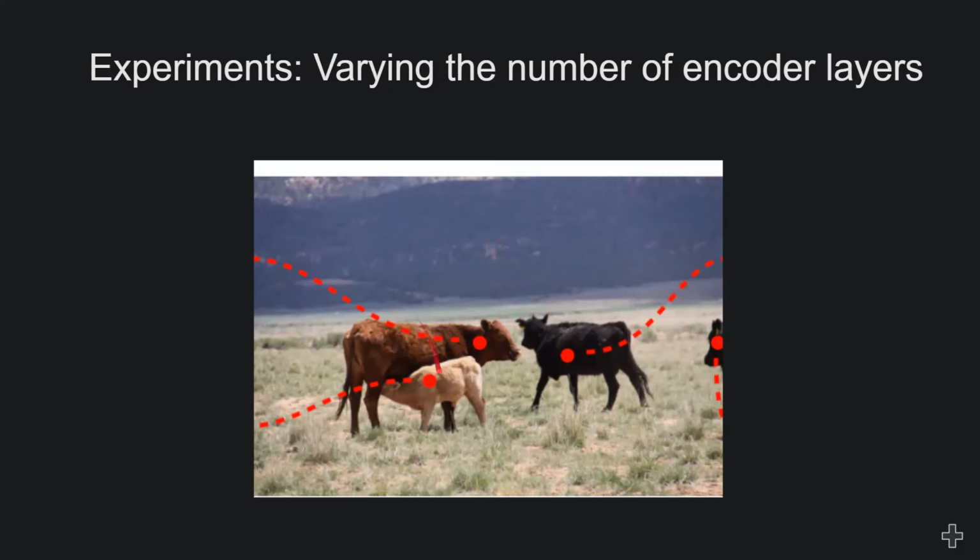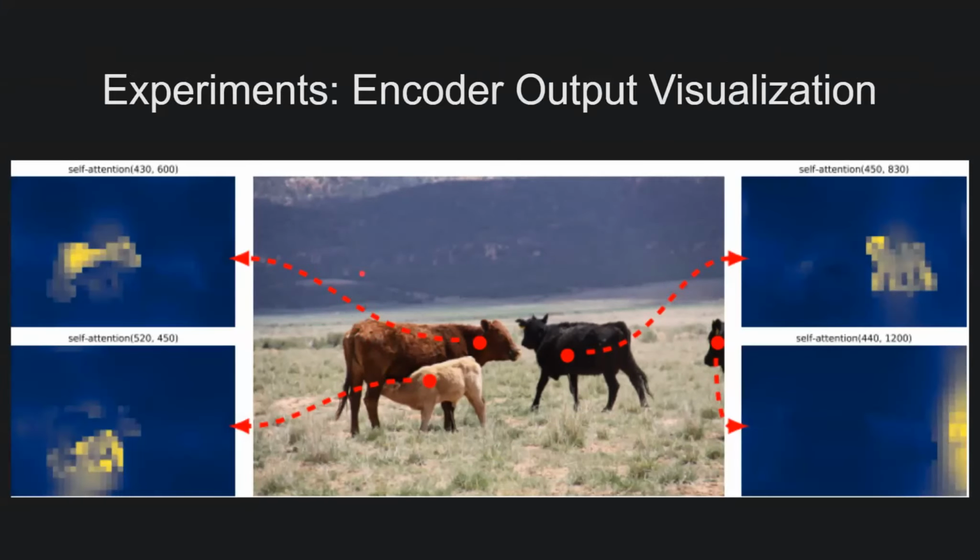Here is a nice image of the encoder output visualized. Here they took a query token from the output and then appended all the key vectors of the image. We can see how the encoder is already separating instances, which can later be extended to image segmentation.